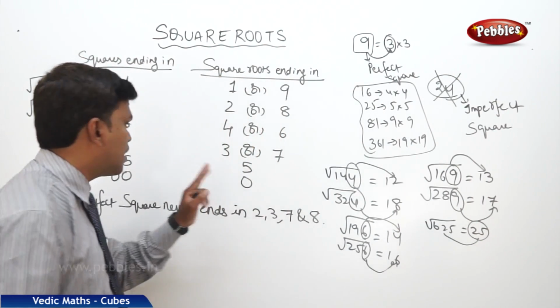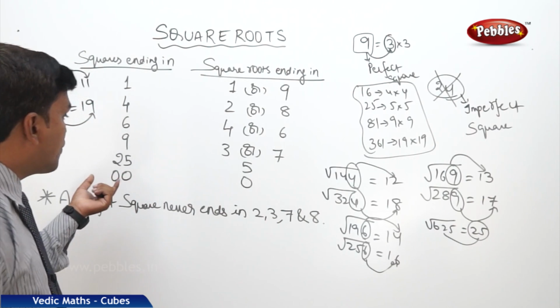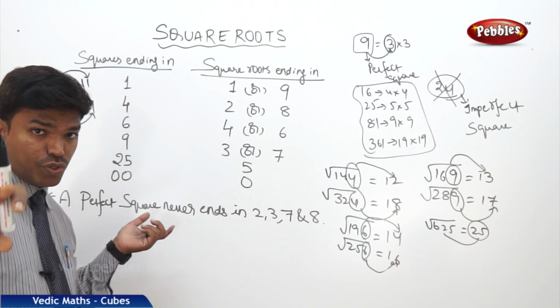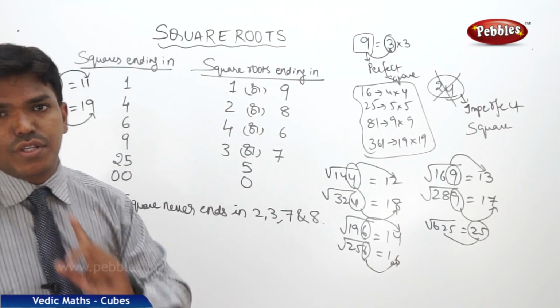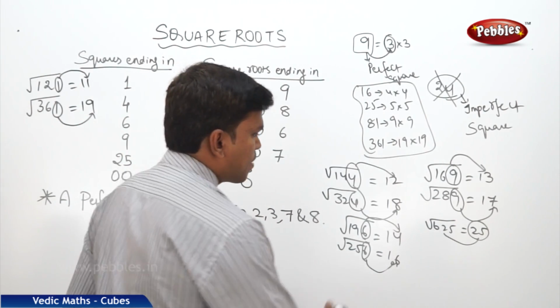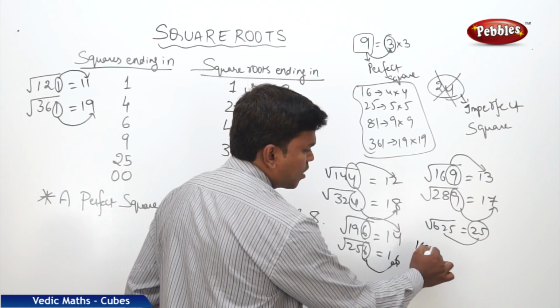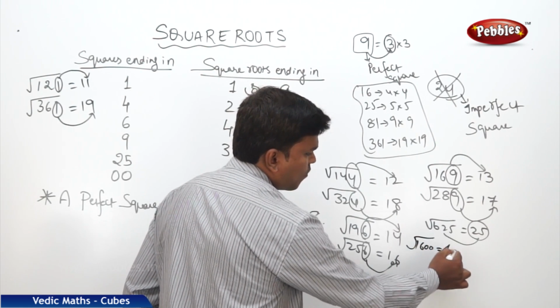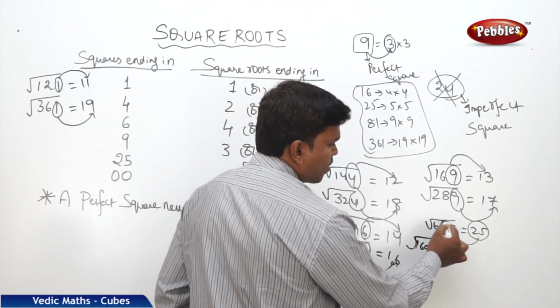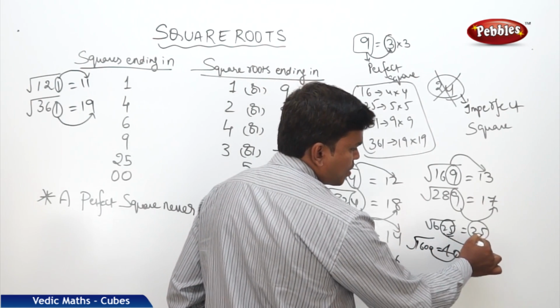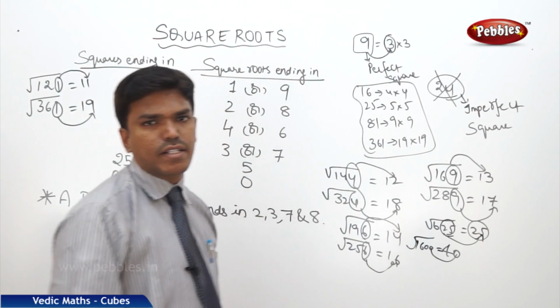Here it is 5, there it is 5. If a perfect square is ending in 2 zeros, then the square root is also ending in a 0. Example, suppose 1600. What is the square root of 1600? 40. Yes or no? So here, if a square number is ending in 25, its square root is ending in 5. So like that.